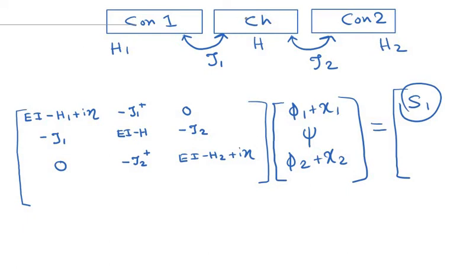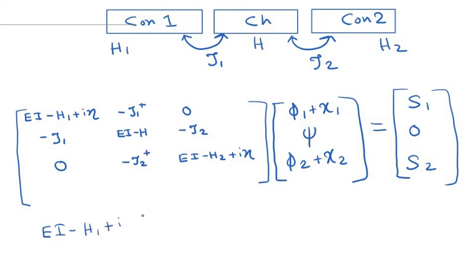So the electron leaks out of contact 1. This leak needs to be replenished with a source, so this is basically the source term. We have seen earlier that this S1 and S2 does not come in our calculation because we already assume that (EI minus H1 plus I eta), this is a matrix again, times phi 1 is equal to S1.